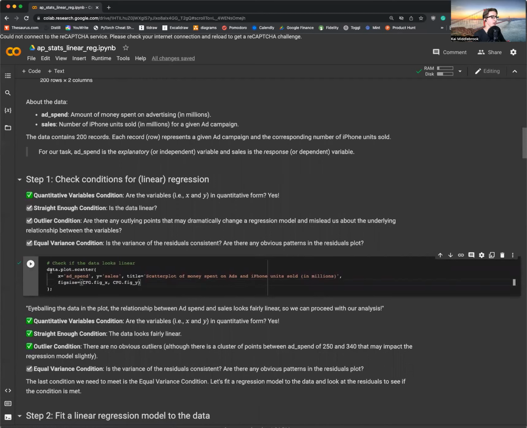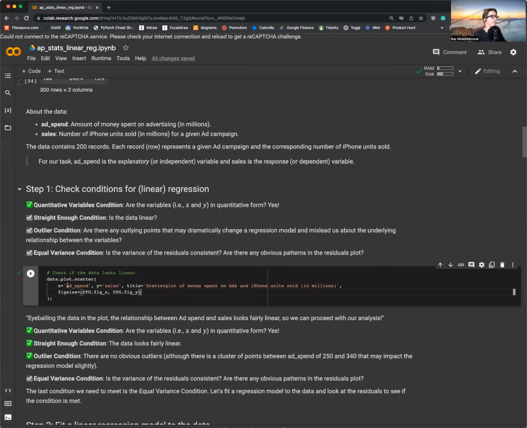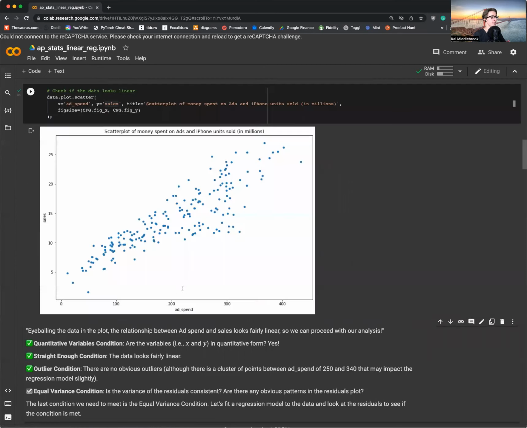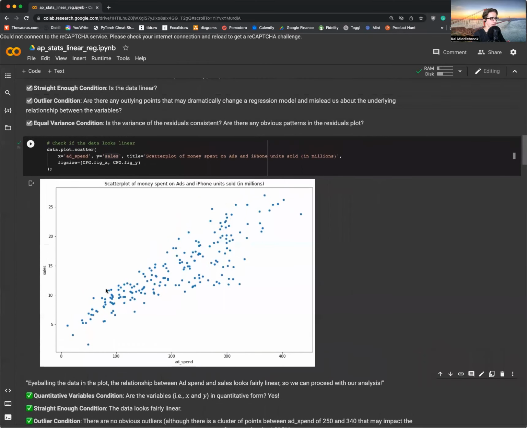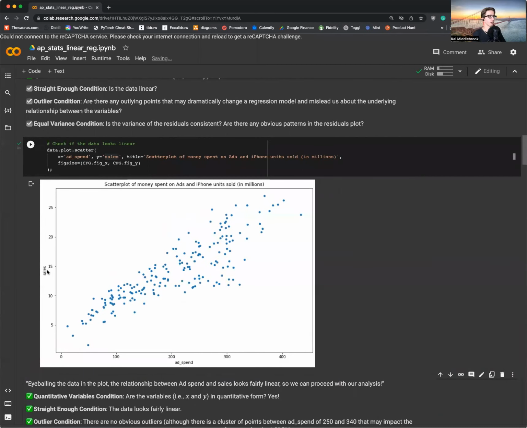So we're going to take our data and say that the X column is ad spend and the Y column is sales. And then let's take a look. Cool. So now we can see our data here. Ad spend again is on our X axis, and Y has our sales. And here's the scatter plot.